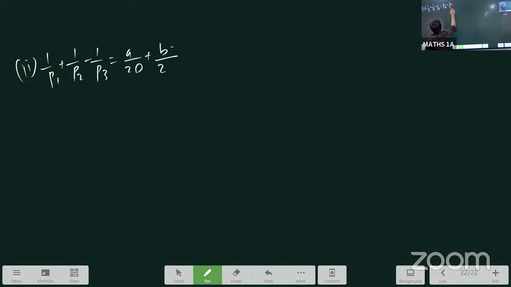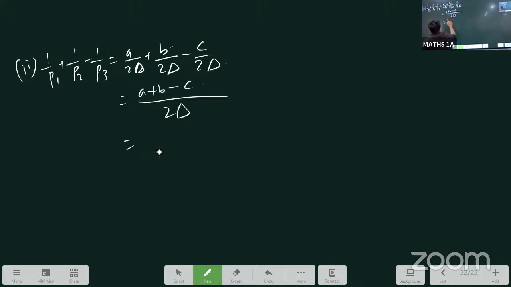Second bit. What was it? 1 by p1 plus 1 by p2 minus 1 by p3. That is a by 2 delta plus b by 2 delta minus c by 2 delta. The 2 delta is same, LCM, a plus b minus c. A plus b, can I write it as 2s minus c?